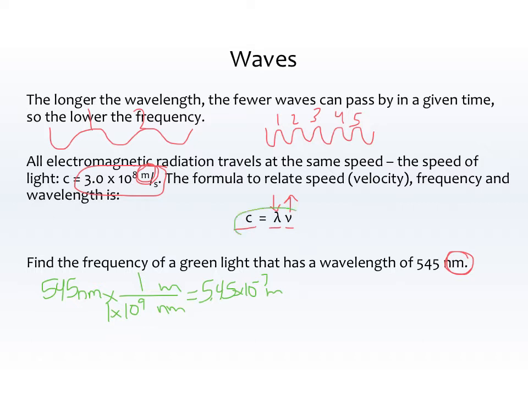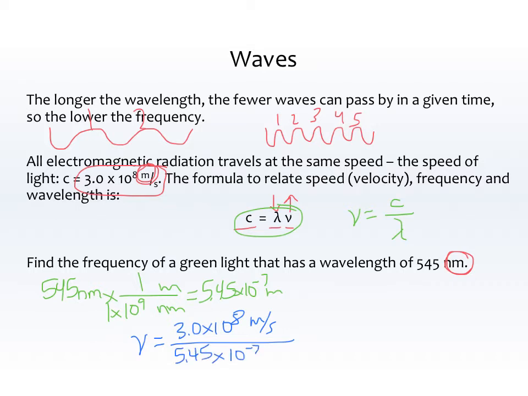So we can rearrange this equation to find frequency. That would be speed of light over wavelength. By the way, that's the Greek letter lambda, not a V. It's the Greek letter lambda. So I'm going to take frequency is equal to speed of light, 3.0 times 10 to the 8 meters per second, divided by wavelength, which we just calculated as 5.45 times 10 to the negative 7 meters.